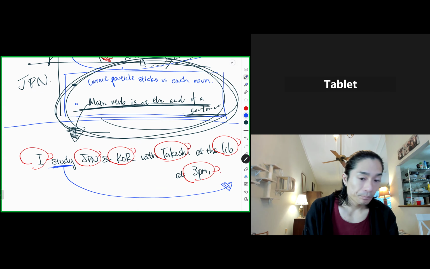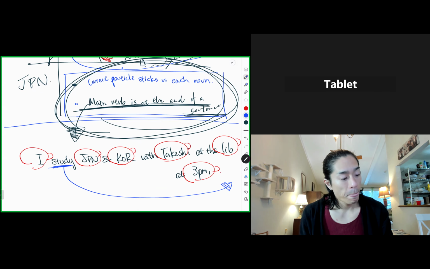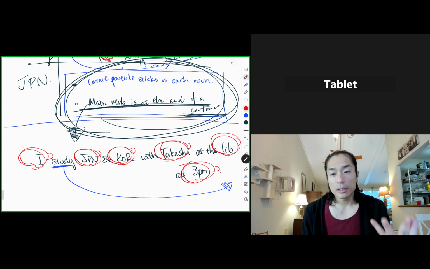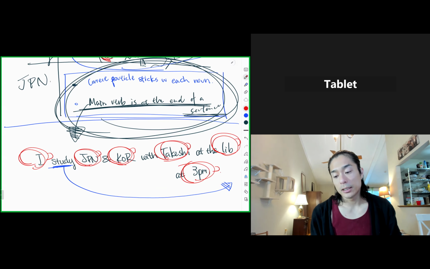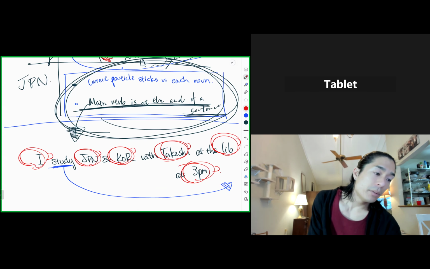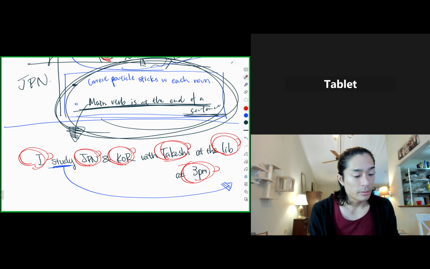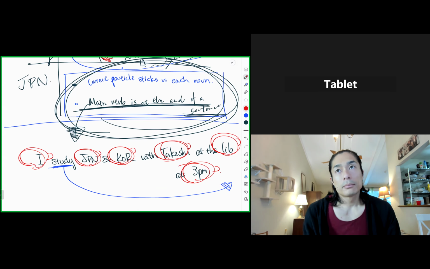So with this, basically, all these nouns that I circled, we can shuffle, okay? For example, I'm still talking in English just to show how it sounds in English, and it's going to sound bad, but I think it's going to be a good demonstration of how flexible Japanese can be.